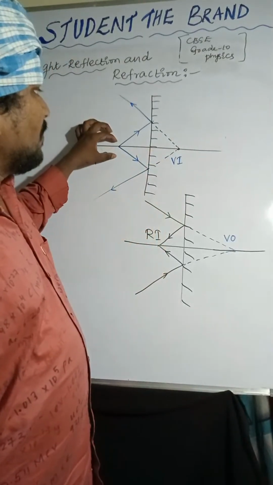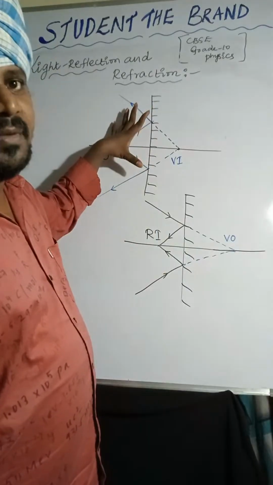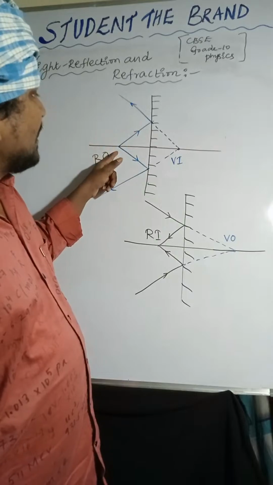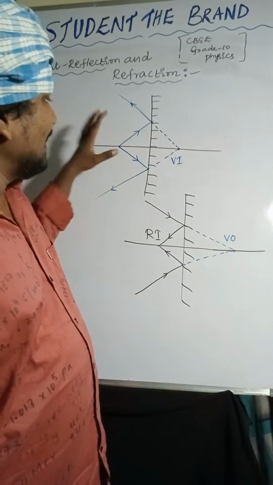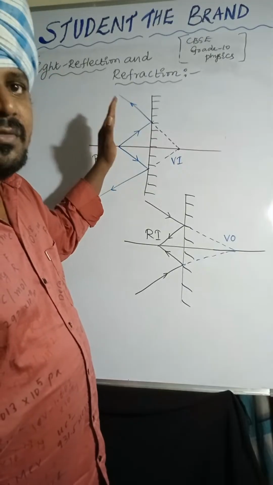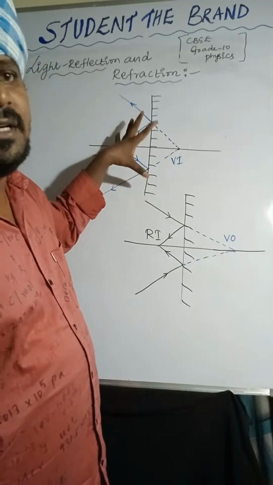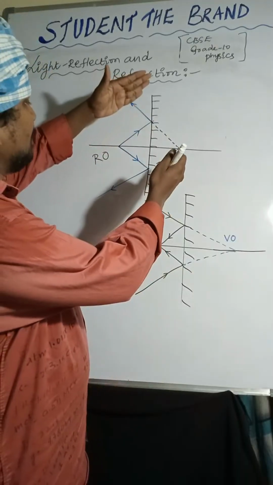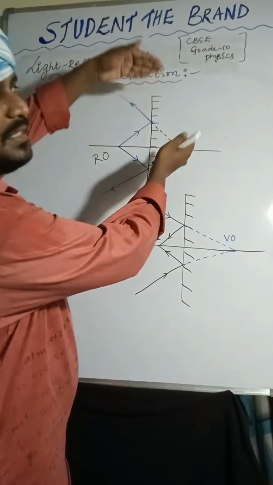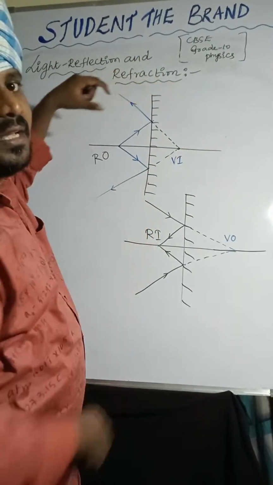Here from this point, light rays are coming. So that is the real object, because incident light rays are coming starting from one source. After reflection, we are extending the reflected light rays.